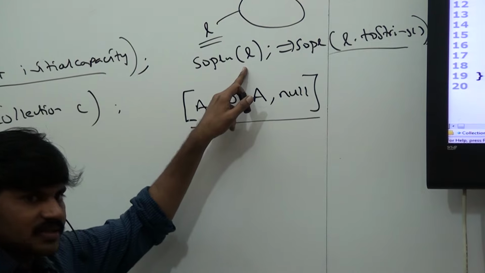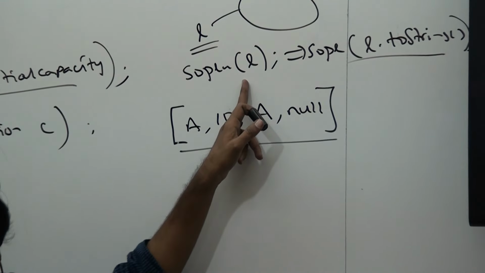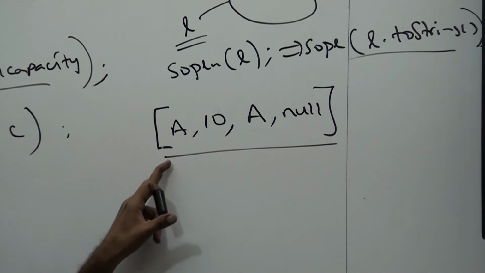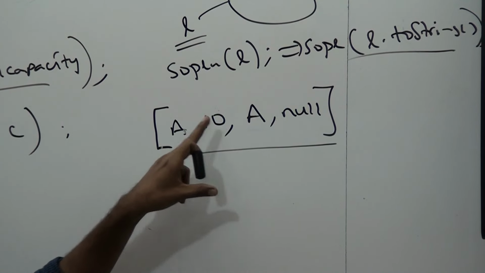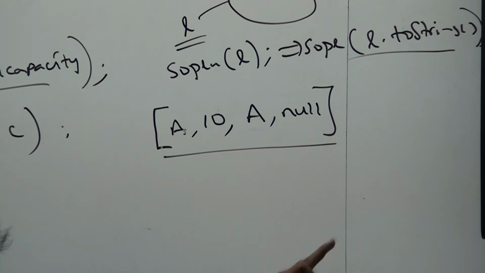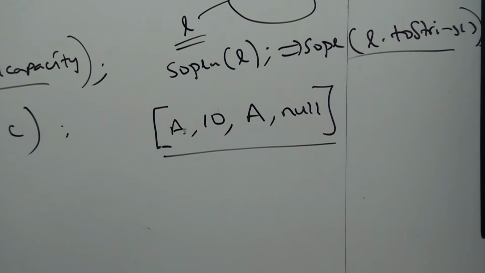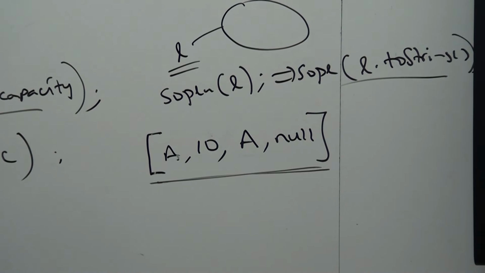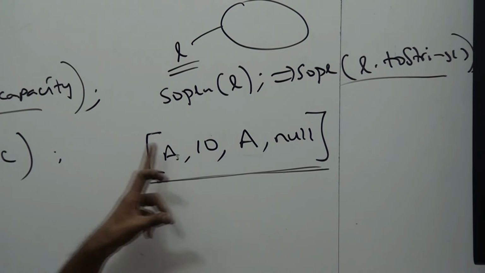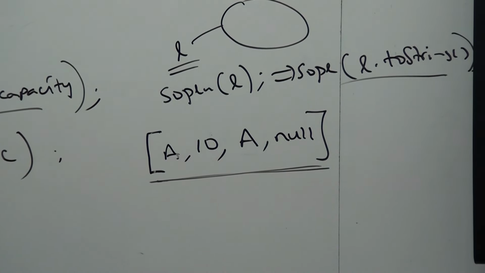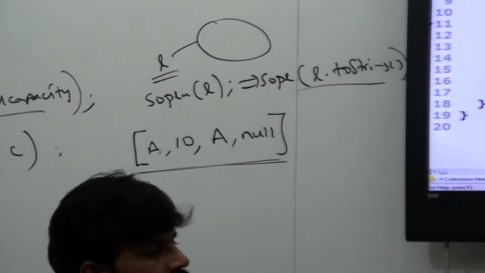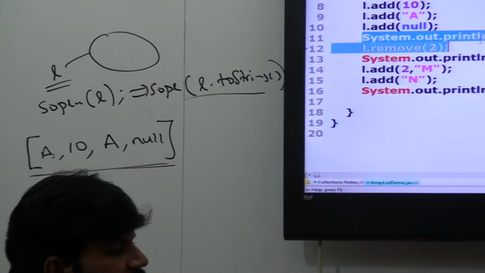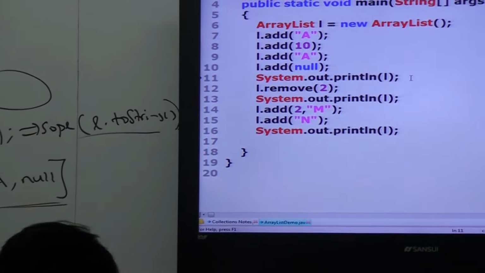In every collection, how is the toString method implemented? Open square bracket, first element, second element, third element, fourth element, so our collection elements will be placed inside square brackets. That's why we get this output by default. So in any collection, the elements are in square brackets. So for the first println, what is the output we are going to get? It's very clear: A, 10 here.